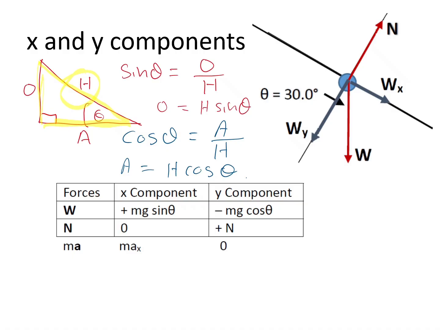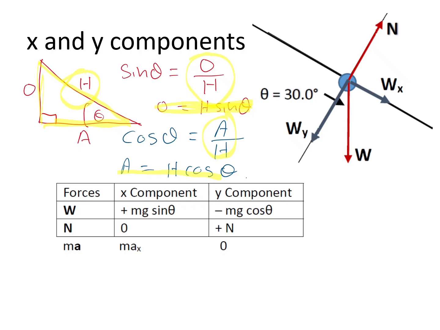Sine theta equals opposite divided by hypotenuse. So opposite equals hypotenuse times sine theta. And cosine theta equals adjacent divided by hypotenuse. So adjacent equals hypotenuse times cosine theta. Now we use this in our calculation.